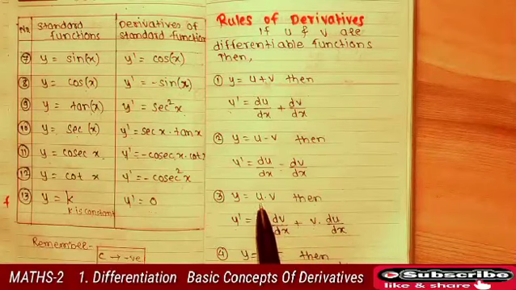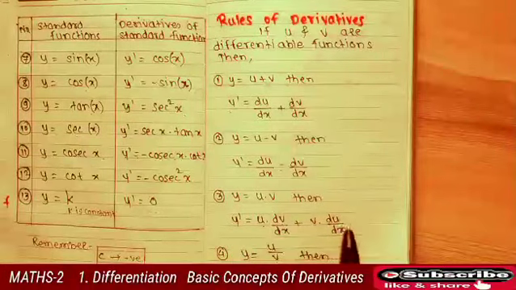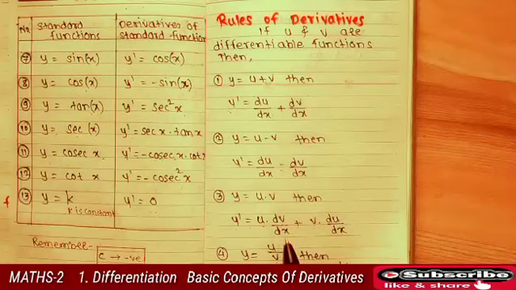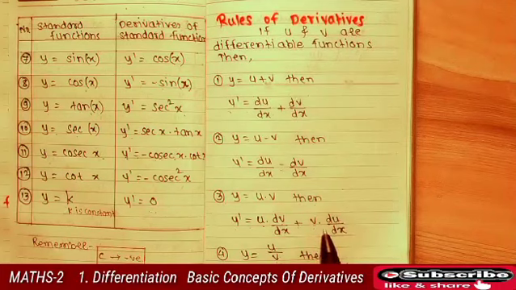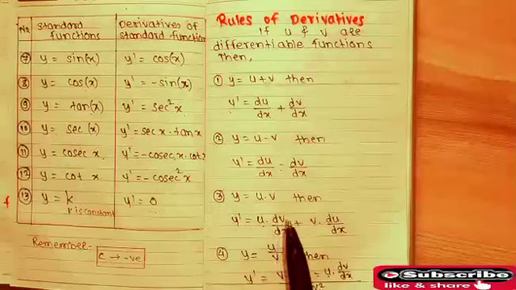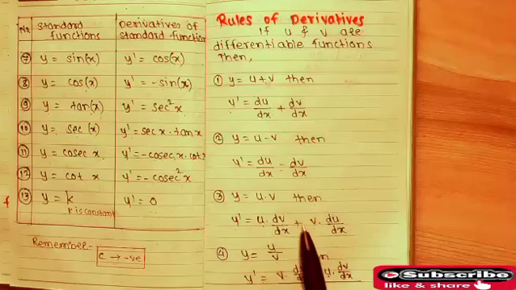It means that if u is the first function and v is the second function, then its derivative becomes the first function u as it is into the derivative of the second function, that is dv by dx, plus sign, the second function v as it is into the derivative of the first function du by dx. Students, you must remember, if your function is multiplicative, then here it becomes a plus sign.